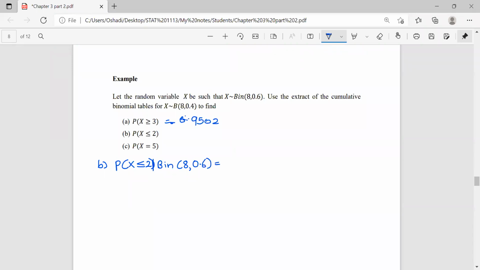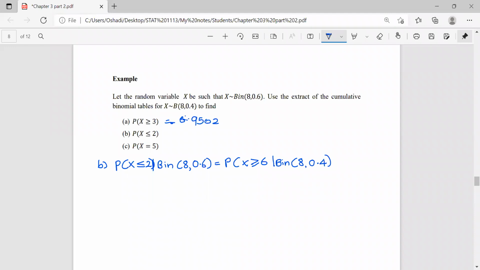Right? So we can write, using the property of symmetry, probability of x greater than or equal to 6, that is 8 minus 2. But from the binomial distribution 8, 0.4, it is 1 minus p.